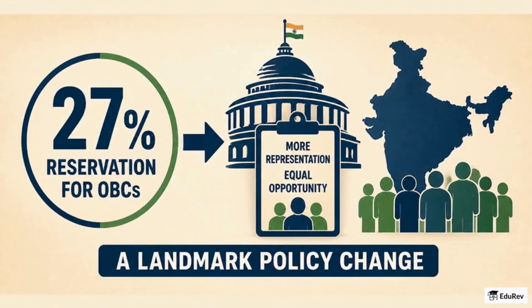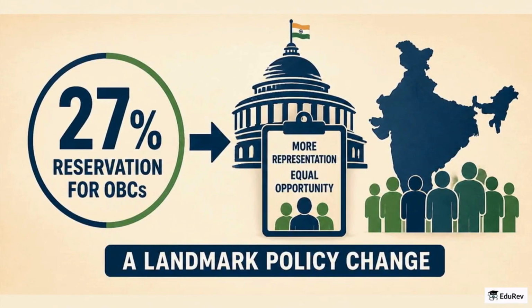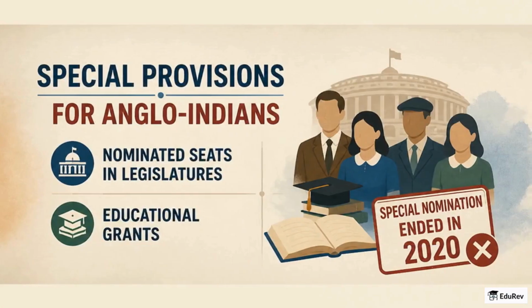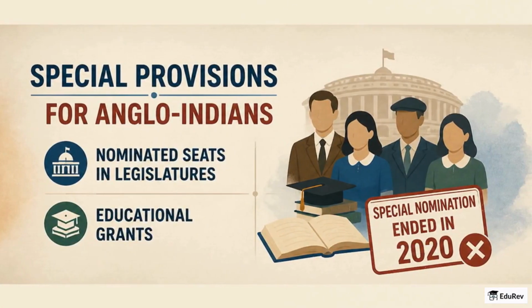The Mandal Commission's recommendations eventually led to a 27% reservation for OBCs in government jobs, a landmark change with lasting policy implications. Special provisions for Anglo-Indians used to include nominated seats in legislatures and educational grants, but that special nomination ended in 2020 under recent amendments.